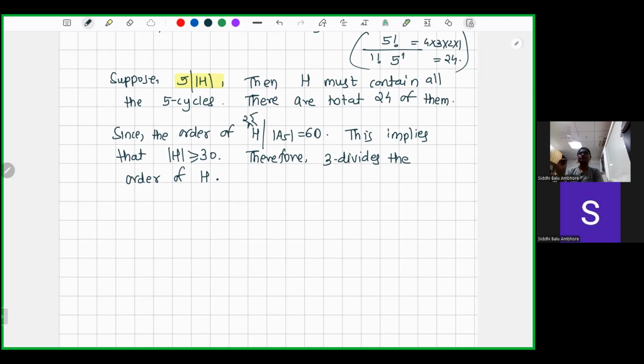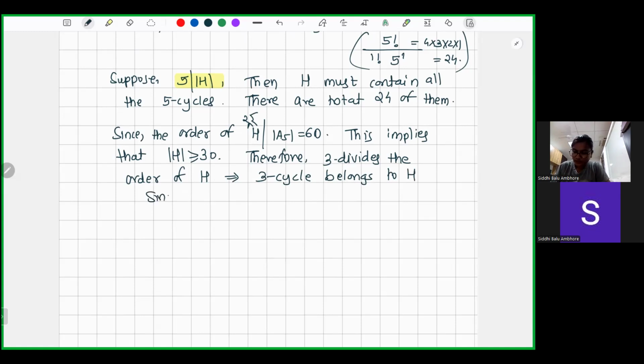And again, this will imply that a 3-cycle belongs to H, and H is normal.